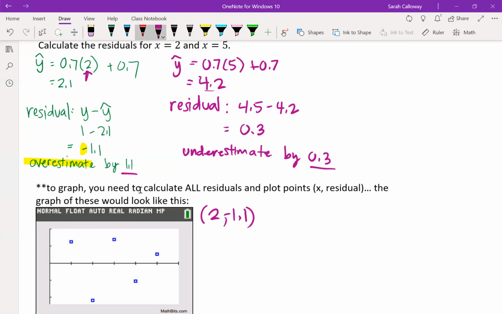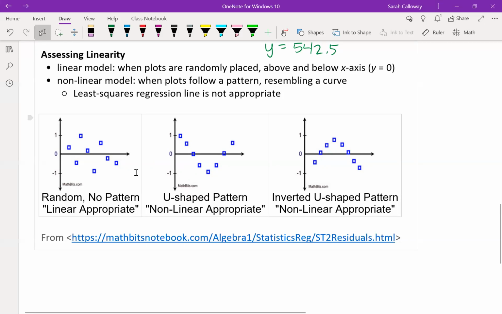They're randomly spaced above and below the x-axis. If I have a nonlinear model, they follow a pattern resembling a curve. And so notice that I have a U-shaped pattern and then an upside down or inverted U-shaped pattern in those non-examples. Those tell us that the least squares regression line is not appropriate for the data set that we're given.